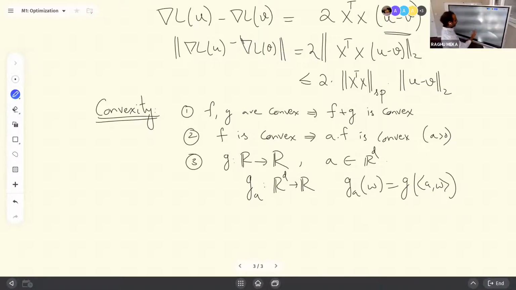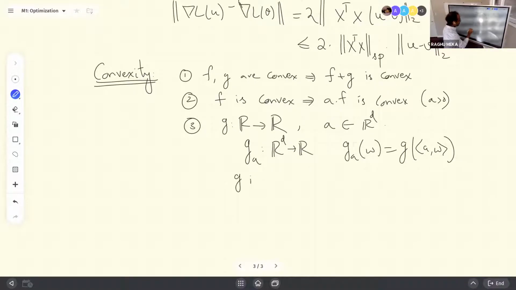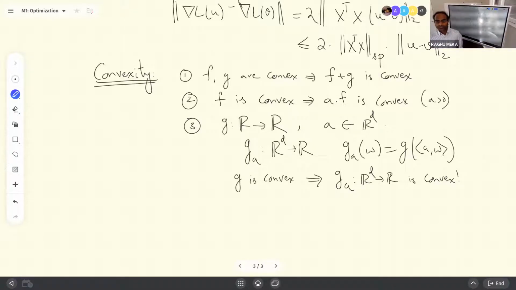Basically in this setup, g being convex implies this high dimensional function is convex. And this is what allows you to show that the least squares cost function is convex.